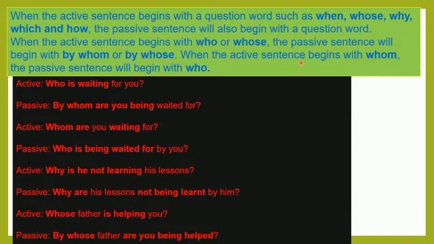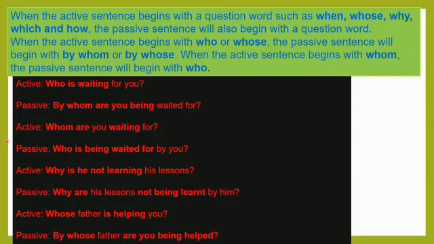When the active sentence begins with whom, the passive sentence will begin with who. For example, who is waiting for you? So in passive voice, we will write by whom, as we have also learned here that whenever the word who comes in the sentence, we will convert it in our passive voice by the words by whom. So by whom are you being waited for?